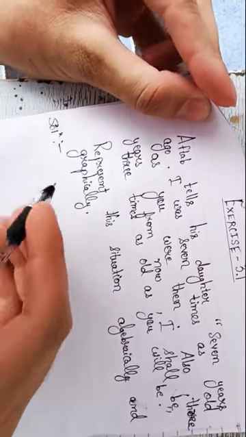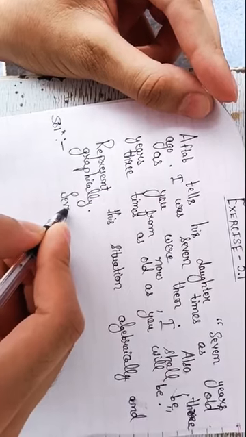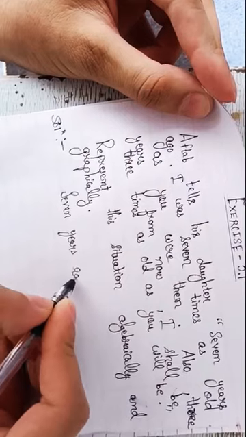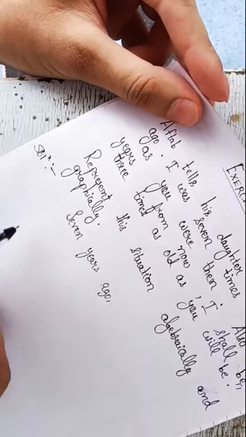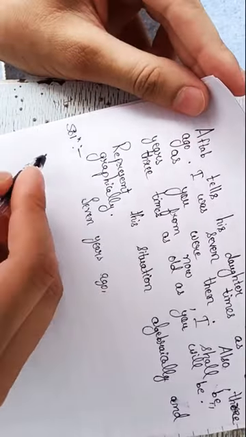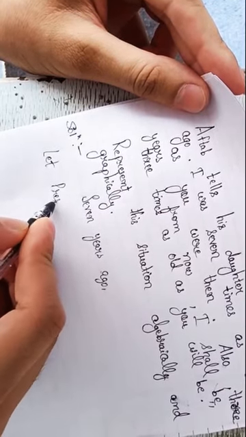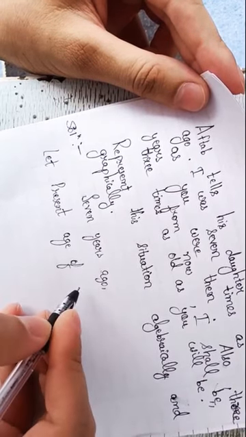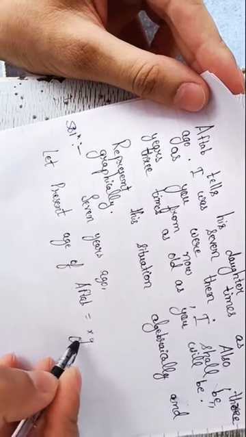First of all, 7 years ago. Before proceeding, let me tell you that first of all we will write the present ages. Suppose let the present age of Aftab be equal to x years.